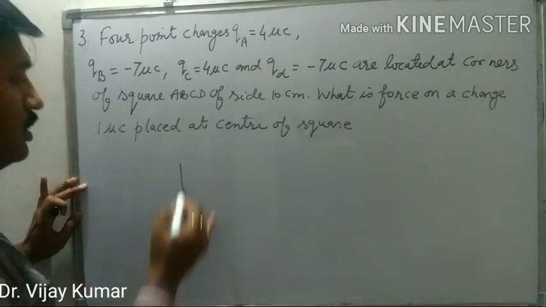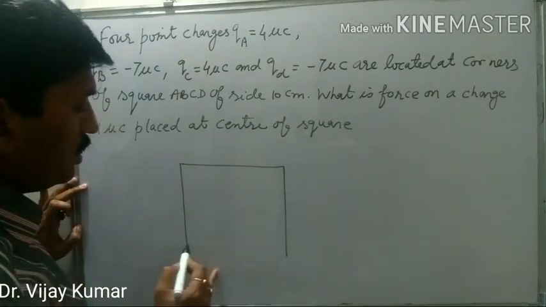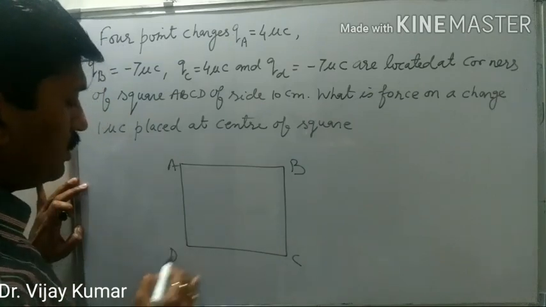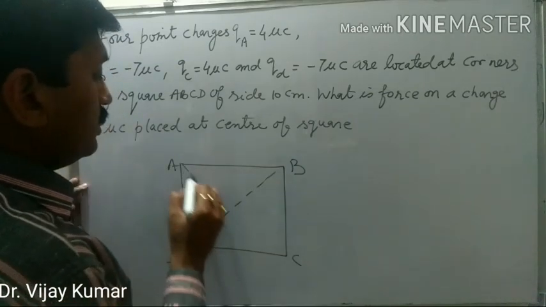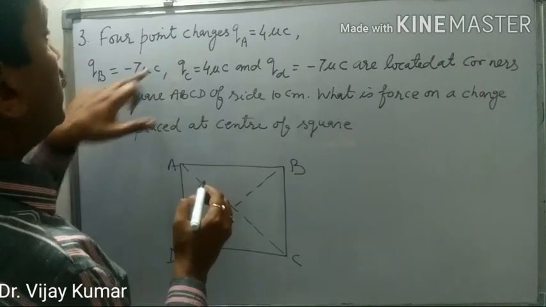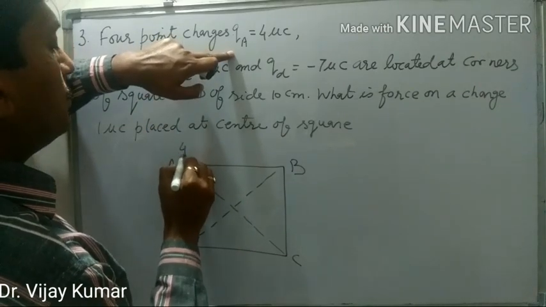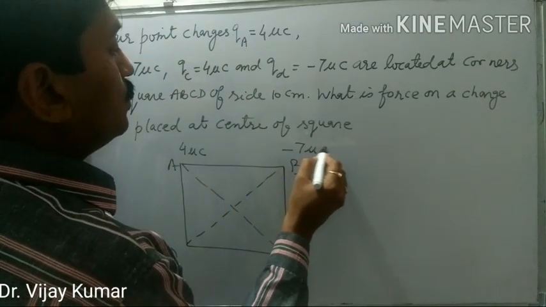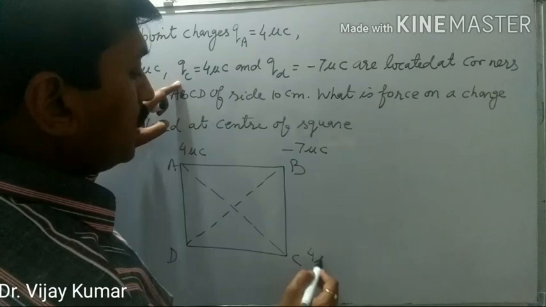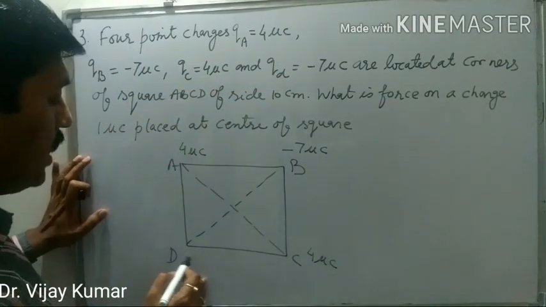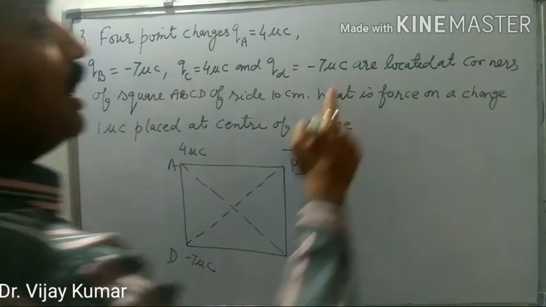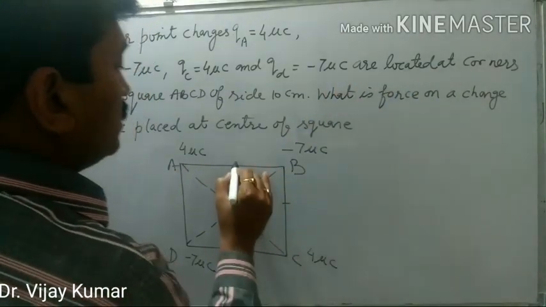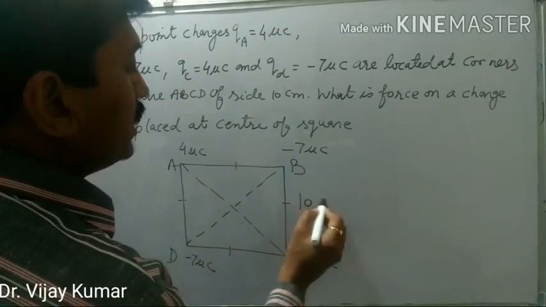This is the square ABCD, and this charge QA is 4 microcoulomb, QB is minus 7 microcoulomb, QC is 4 microcoulomb, QD is minus 7 microcoulomb, located at the corners of square ABCD of side 10 centimeter. The side of the square is 10 centimeter.